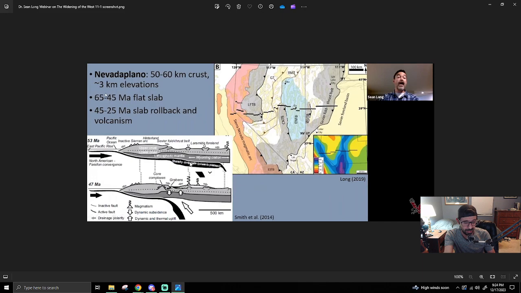The Great Basin ignimbrite flare-up at 45 to 25 million followed the 65 to 45 million flat slab subduction, which, according to modern geology, at least in terms of explaining observations, is what's said: from 65 to 45, subduction of a flat slab under western North America was occurring, which then led to compression. So there's a phase of compression, then this ignimbrite flare-up, and then a phase of extension after the flare-up. So there's a sequence there.